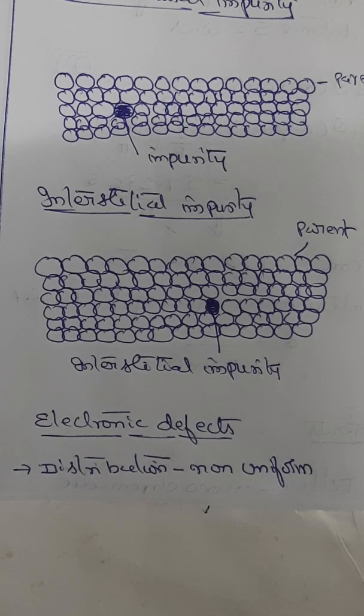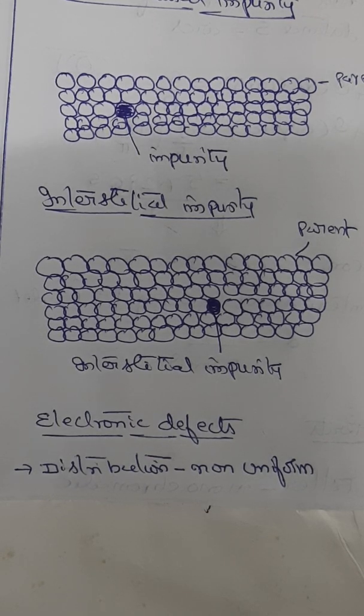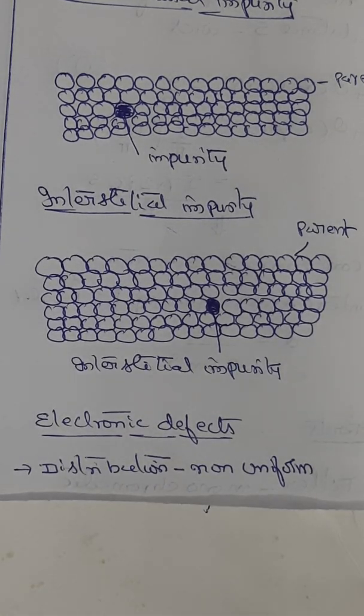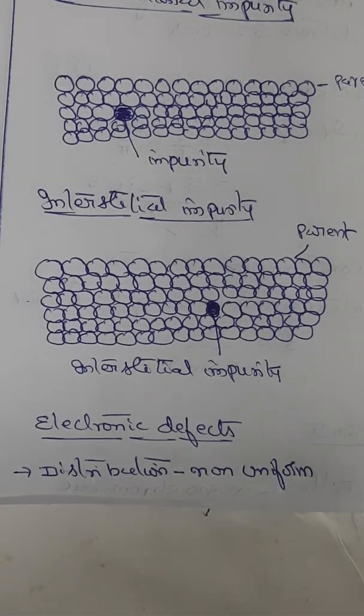Such non-uniform distribution of charge in a crystal due to the presence of various defects is what is known as electronic defect. When the positive ions occupy the interstitial spaces in a crystal, then the amount of positive charge will be more when compared to the negative charge of the crystal and vice versa. This is what is known as electronic defects.